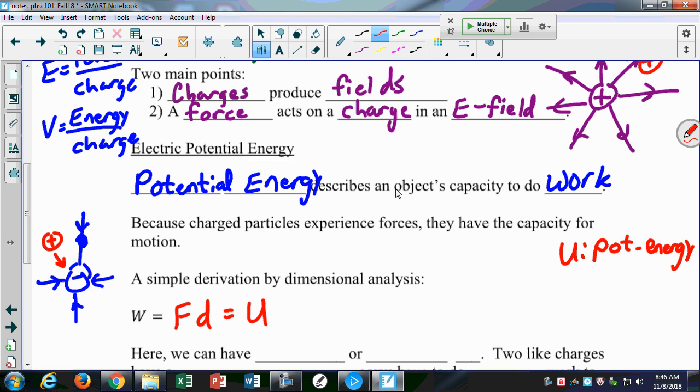So it's equal to U. And so F is kQQ over d squared. That's Coulomb's law. Times another distance, because I have this extra distance out here. And that gets rid of that, and I get an expression for the potential energy, that is U is equal to kQQ over d.